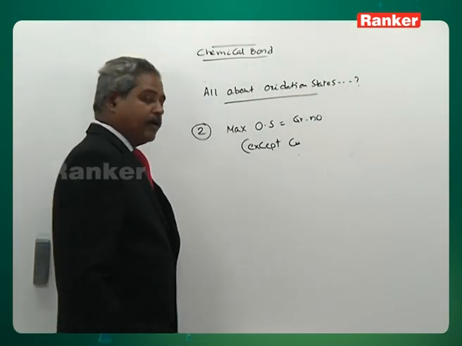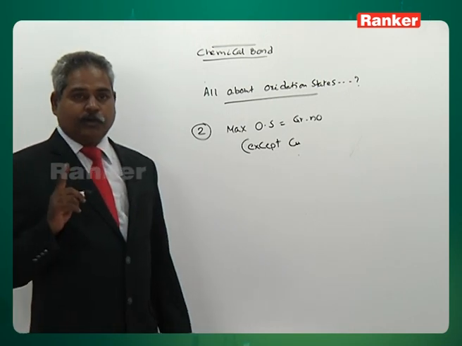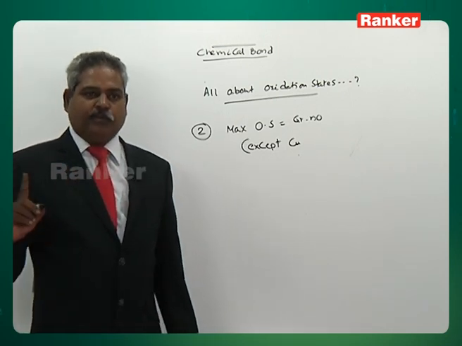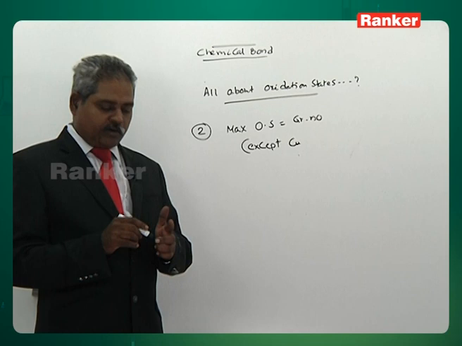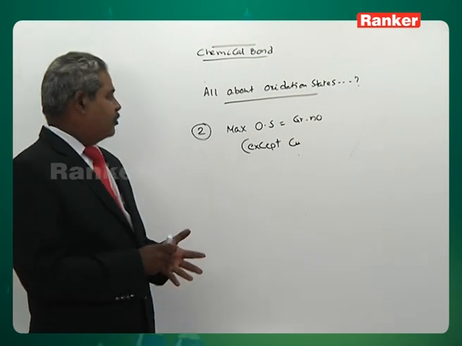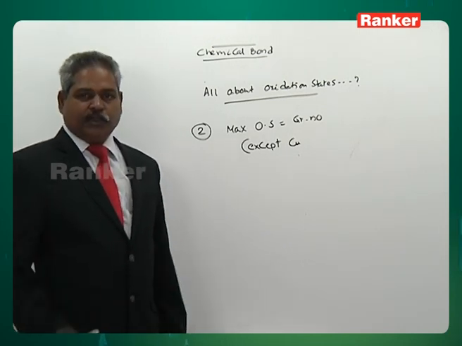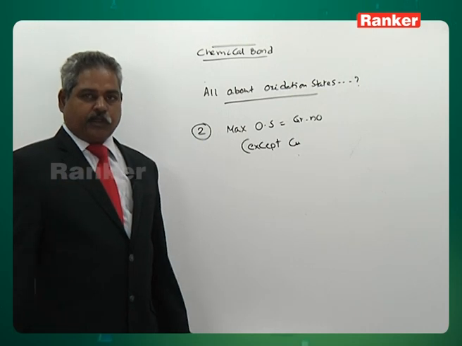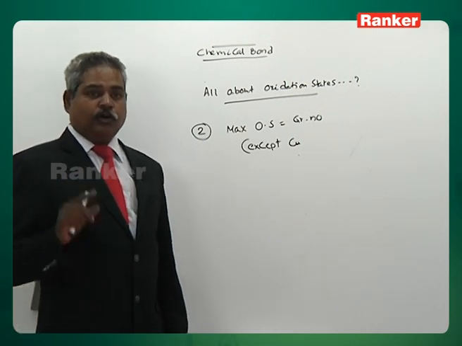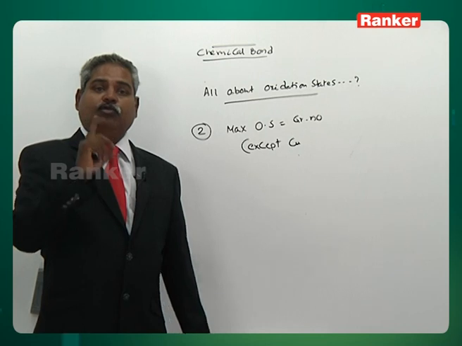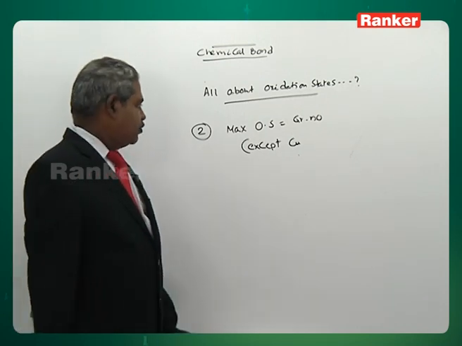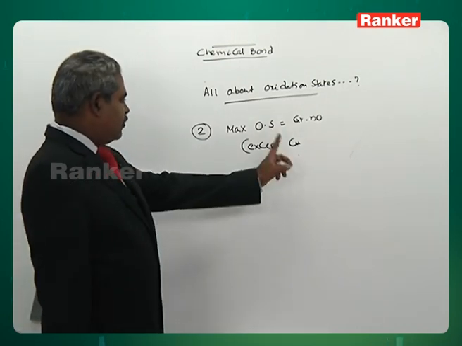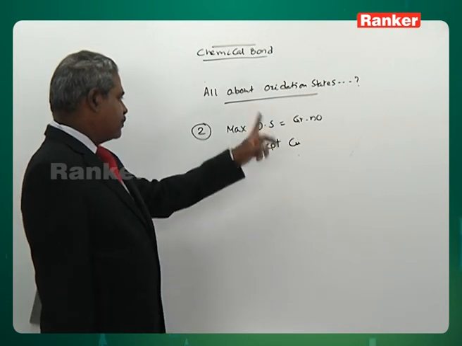And when I say group number, it is Mendeleev's group number, it is not the IUPAC group number. IUPAC group number is not very useful. If I say chlorine belongs to the 17th group, that doesn't help us much. The group number 7, the old notation 7A of manganese, is more useful to us. Copper belongs to 1B, but its maximum is plus 2.